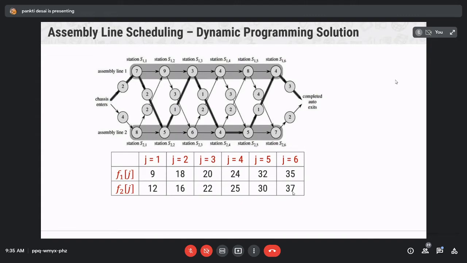Okay, done. All of you completed the table for assembly line scheduling.